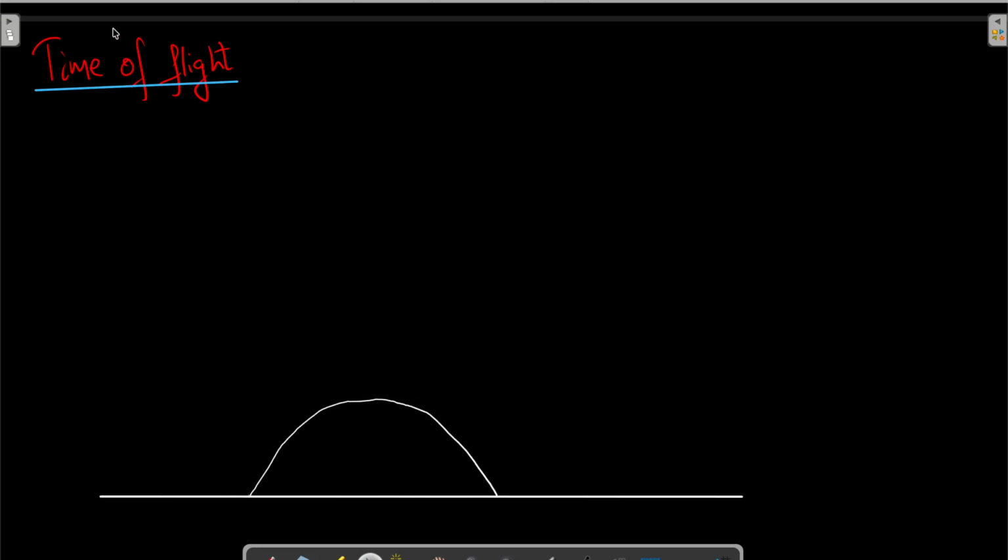Okay, so the initial velocity vector must be tangent to the initial point. It might be that the u vector was this much only. But since we are now interested in the displacement vector also, why? I'll tell you why.